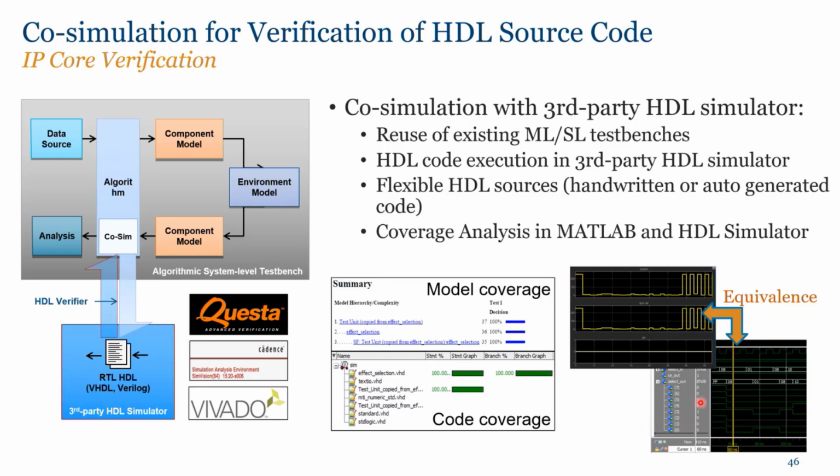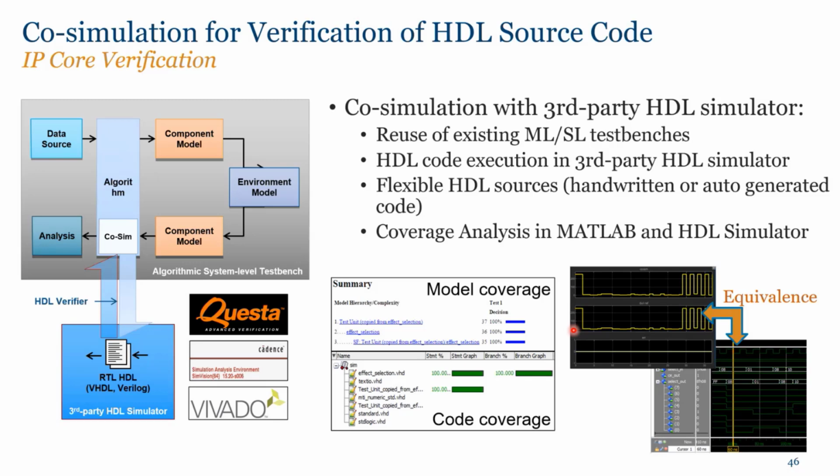This is a screenshot from ModelSim or Questa Sim, and of course you will have your waveforms in your simulator, but also a comparison between the co-simulation and the DUT reference in Simulink, where the error is computed directly between the results in co-simulation and the HDL code execution.